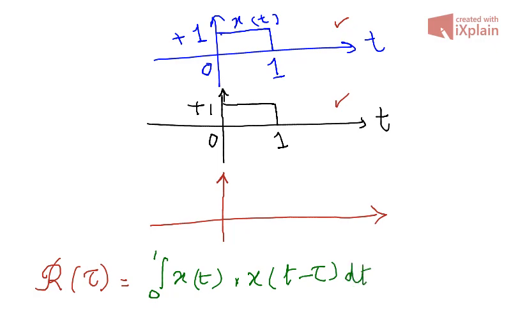We have to find the result of this integral. Now when there is no shift, tau is equal to 0. This tau variable is 0 for the first value. When tau is 0, we have x of t multiplied with x of t.